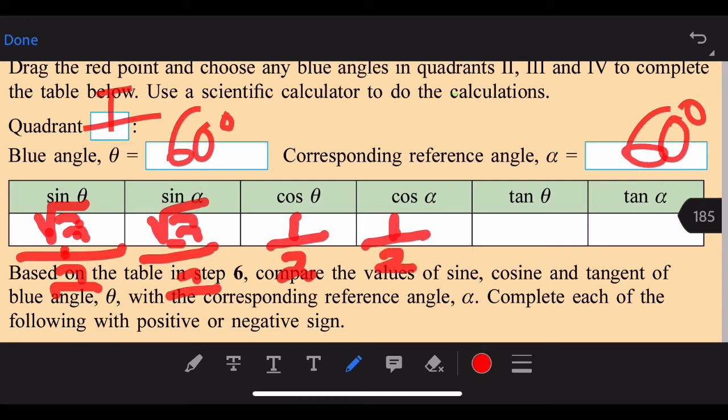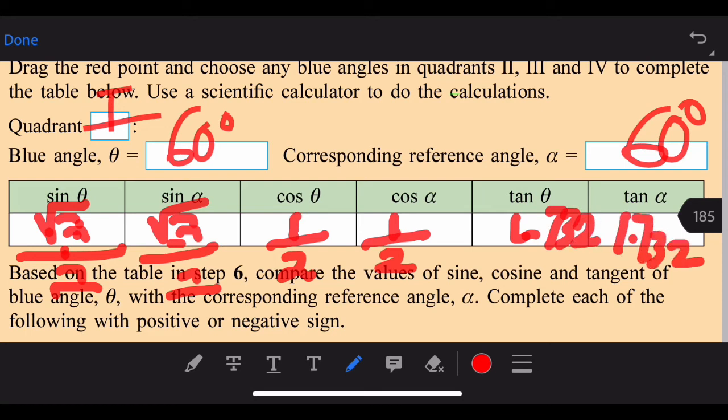Tangent 60. You can try pressing your calculator for tangent 60. You get 1.732, and here also 1.732.